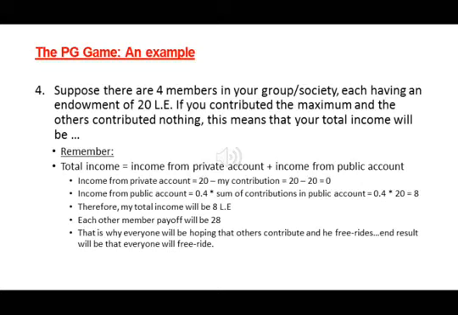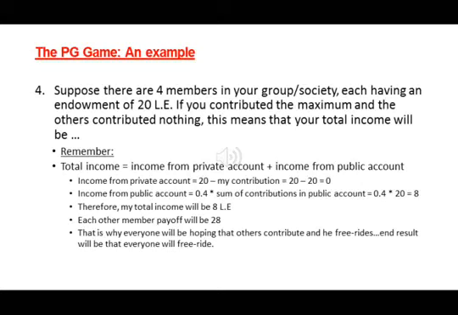That's why all the other group members will be hoping to free ride and others to contribute so that they benefit from their private account plus benefit from the public account that is resulting from the contributions of others.